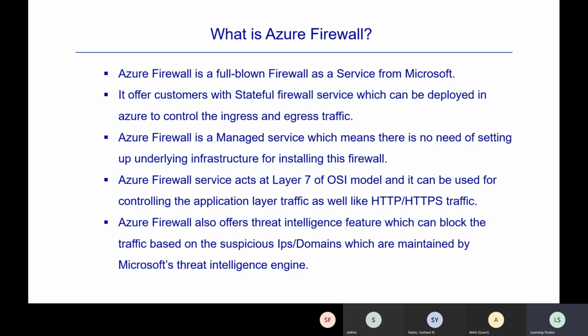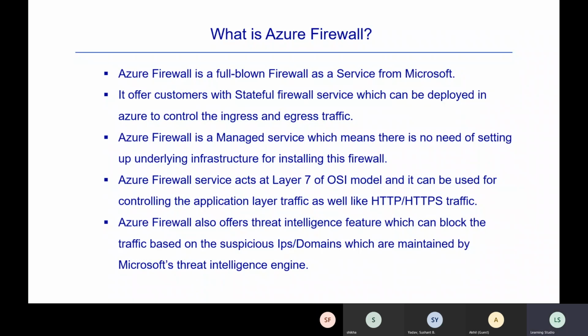Because there are other firewall services in Azure as well, like the network virtual appliances offered by third-party firewall vendors like Cisco, Barracuda, Checkpoint, Fortinet, etc. But to install their firewall in our Azure infrastructure, we have to deploy those virtual machines in high availability. So it adds an additional overhead in terms of pricing. But since Azure Firewall is completely a managed service, that means I'm talking about a PaaS service, you don't have to really set up any underlying infrastructure, and everything is taken care of by Microsoft for you.